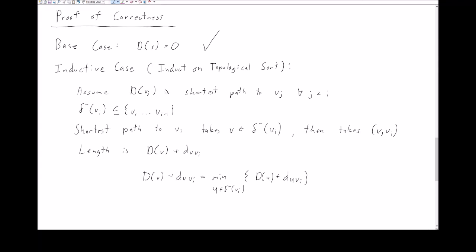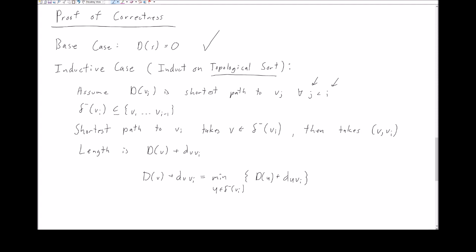The meat of these proofs usually rests inside of the inductive case. To do the inductive proof, we have to induct on something, and in this case, we're going to induct on the topological sort. That is, we're going to look at the indices of the topological sort. So we fix one of the indices, and for every lower index, we're going to assume that the claim is true.